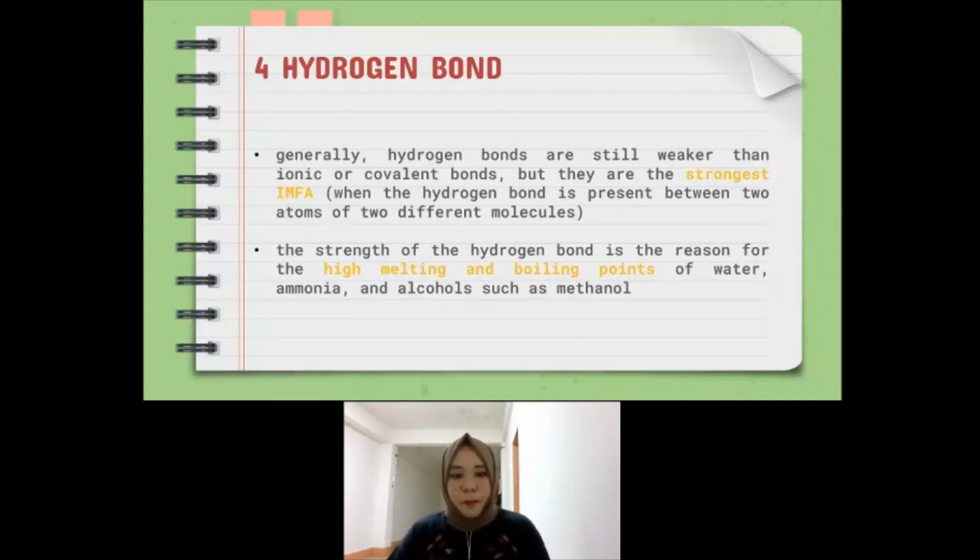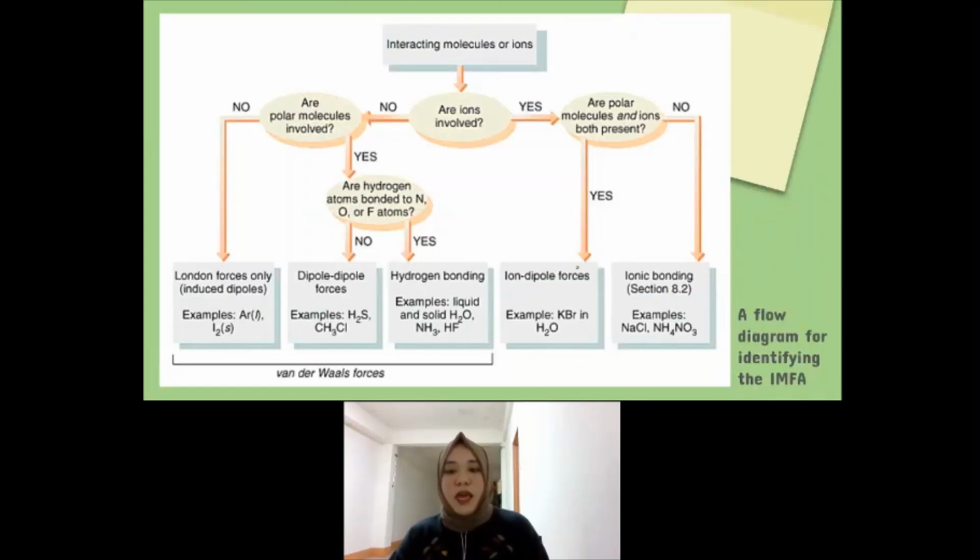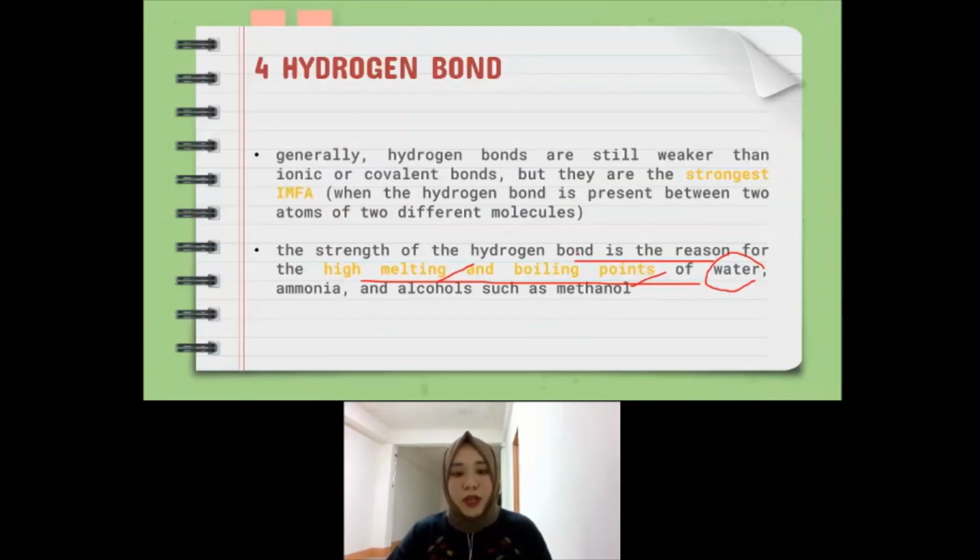So the strength of the hydrogen bond is the reason for the high melting and boiling points of water. Remember, the co-op factor of intermolecular forces of attraction on why some states of matter exhibit specific properties. For example, in water, anong taas ang melting point o boiling point of water? So, aside from water, we also have ammonia and alcohols like methanol.